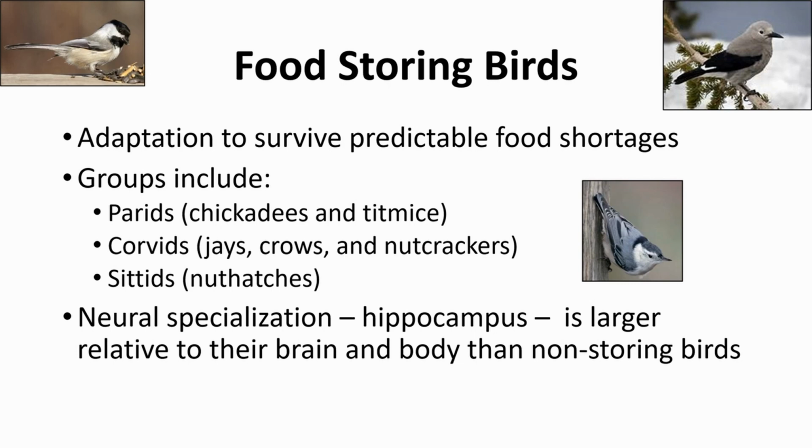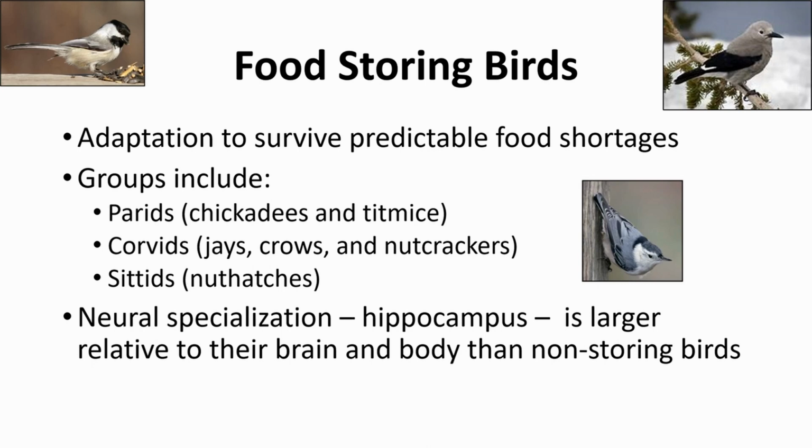Now, this isn't something specific to the species, because they're the same species. What we're saying is that the Colorado chickadees maybe hadn't had a selective pressure to develop these improved spatial memory abilities.